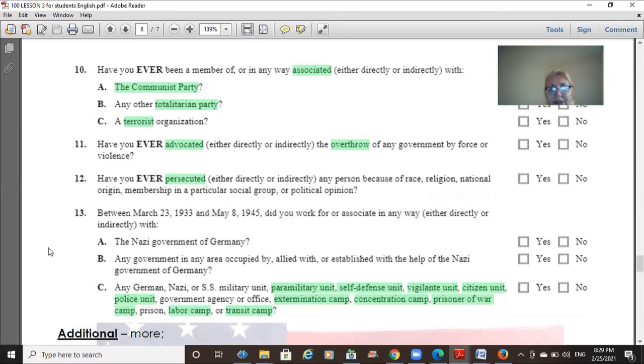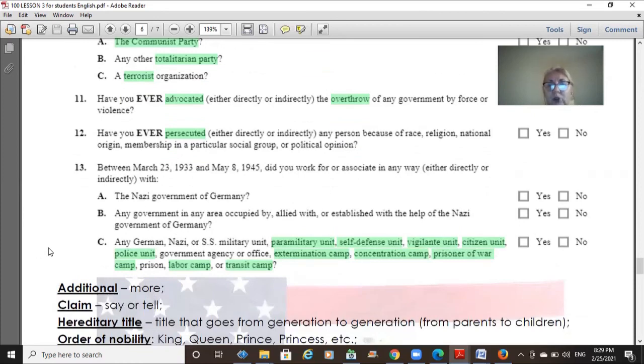Question number 13 applies to people who were born or lived before World War II or during. So let's look at the question. Between March 23rd, 1933 and May 8th, 1945. So you can understand that this applies to people who actually were born before or lived during this time.